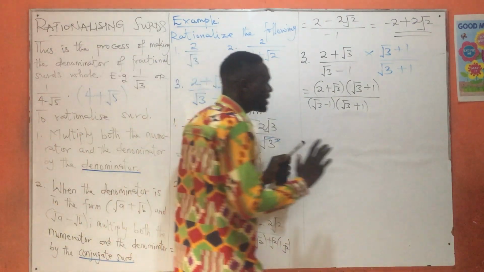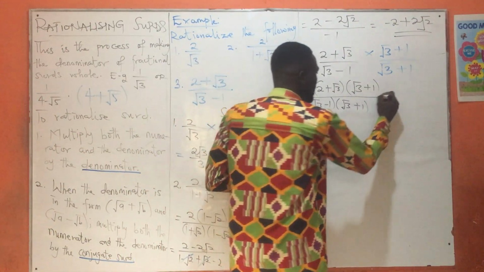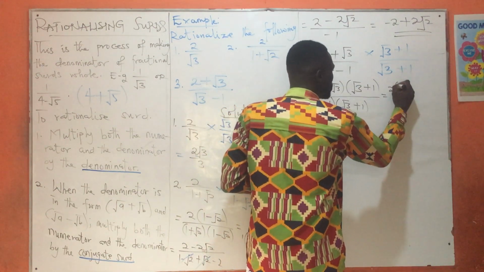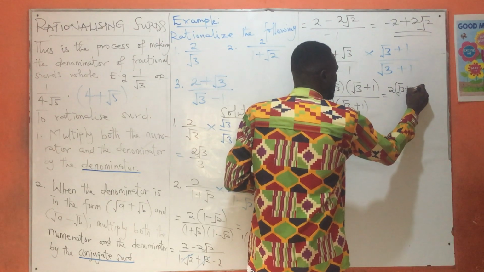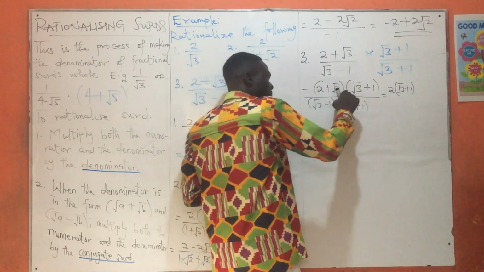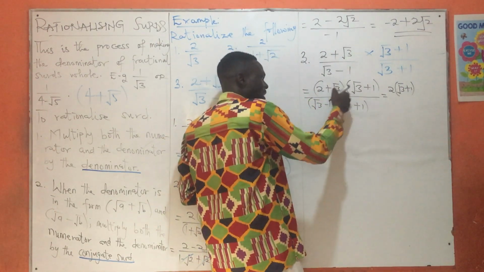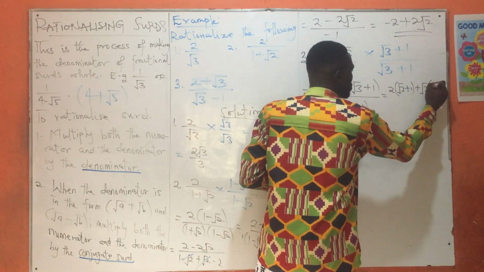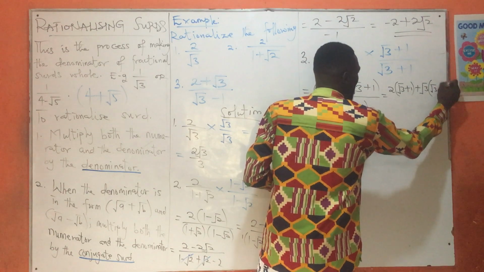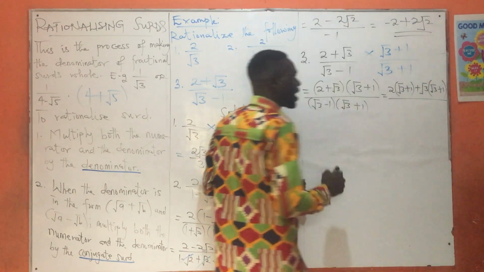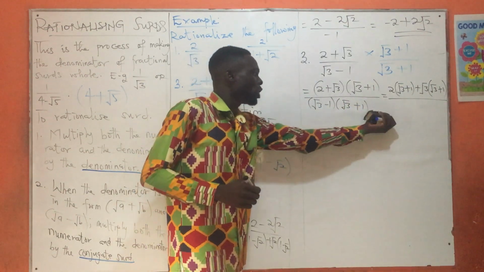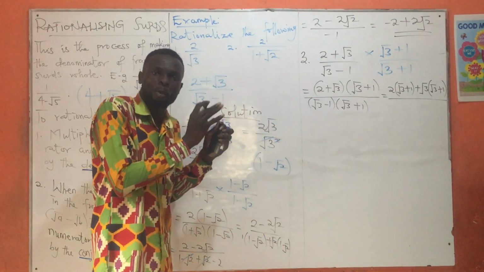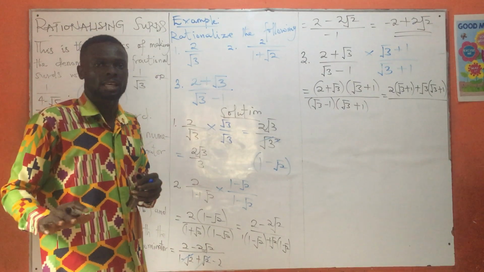So now, let's take our time and go again. So 2 will multiply everything. So we have 2 brackets of root 3 plus 1. Remember, 2 will multiply the second bracket. Then root 3, which is plus root 3, will also multiply root 3 plus 1. All over. Again, you have the same thing. The first element in the first bracket will multiply everything in the second bracket.